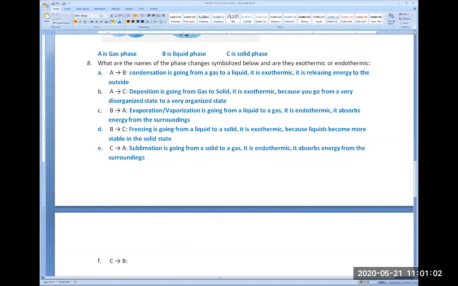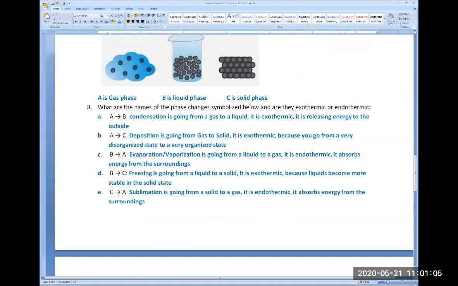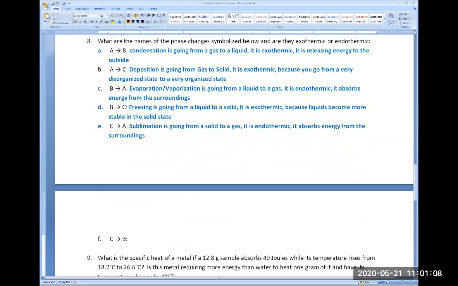And we have another one. Going from C to B, from solid to liquid. What is the name of this phase change going from a solid to a liquid? Yes, that's melting. Melting is going from a solid to a liquid. And is it exothermic or endothermic?